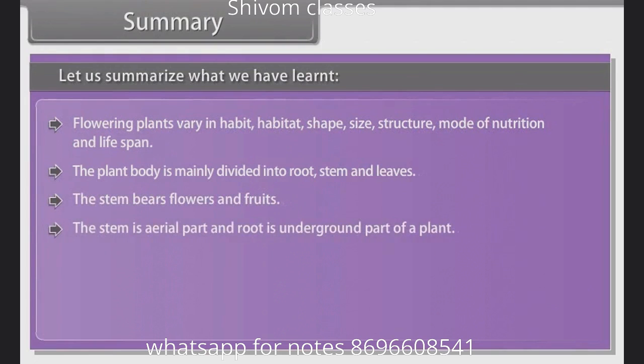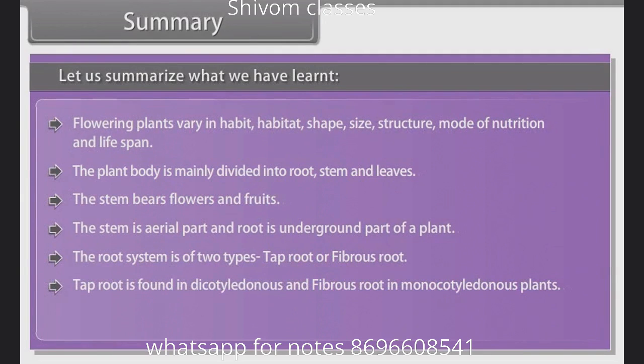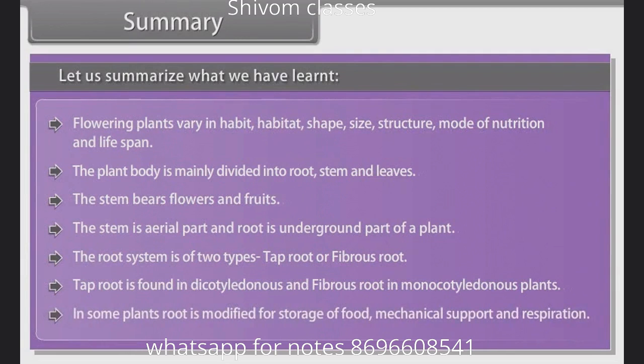The stem is aerial part and root is underground part of a plant. The root system is of two types: taproot or fibrous root. Taproot is found in dicotyledonous and fibrous root in monocotyledonous plants. In some plants, root is modified for storage of food, mechanical support, and respiration.